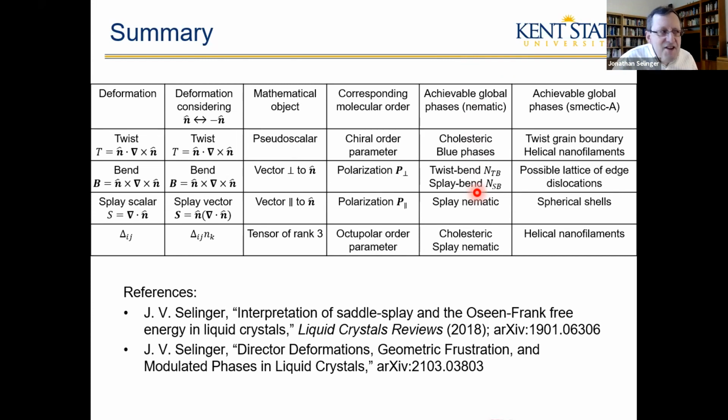I think the point is that the tendency towards a modulated phase is a local tendency. The effect that I'm identifying, this converse flexoelectric effect, if you will, is a local tendency. Then the geometric frustration is a more long-range constraint.